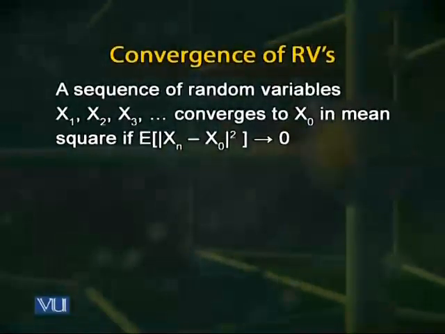The fourth type of convergence of random variables is called convergence in the sense of mean square, where you look at the expected value of a new random variable, which is xn minus x0 absolute value. So you have a sequence of random variables x1, x2, x3, x4, and then you have a destination random variable x0.